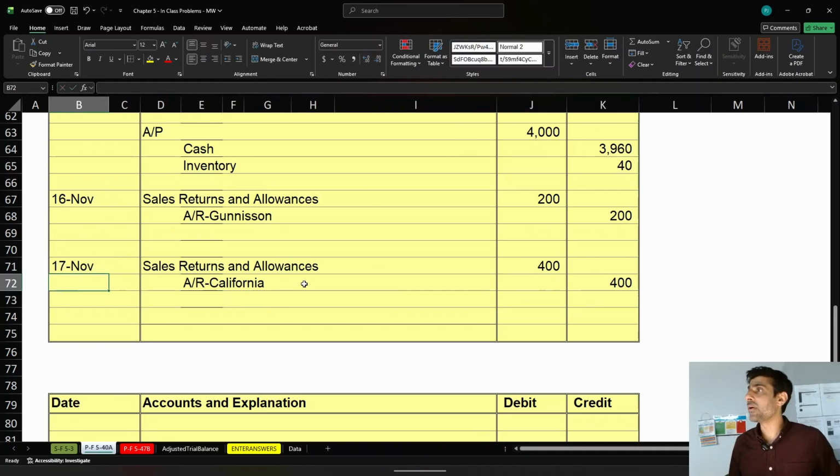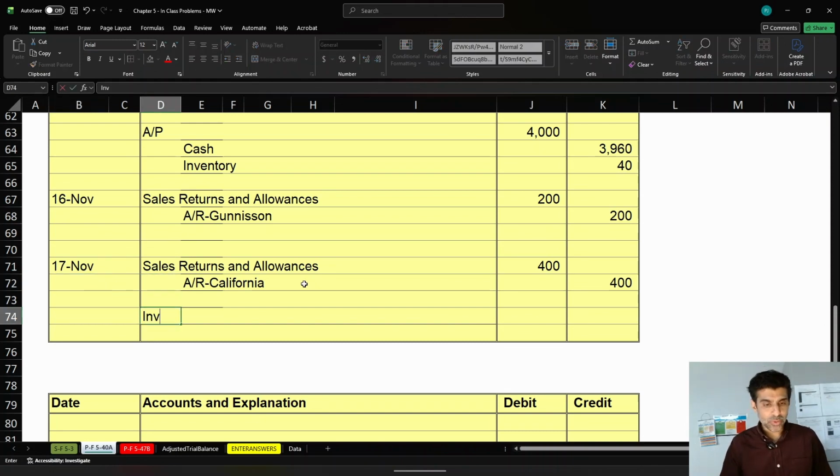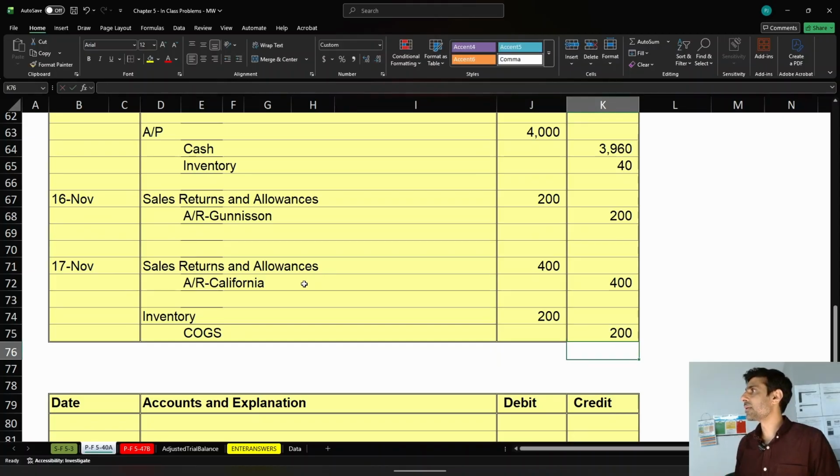But since this is a return and not an allowance, I'll have a second thing I have to do, which is to put that inventory back. I'm putting it back into inventory. I'm getting that item back, and I'm going to reduce cost of goods sold by the value of the inventory, 200. Okay, everyone good with that?